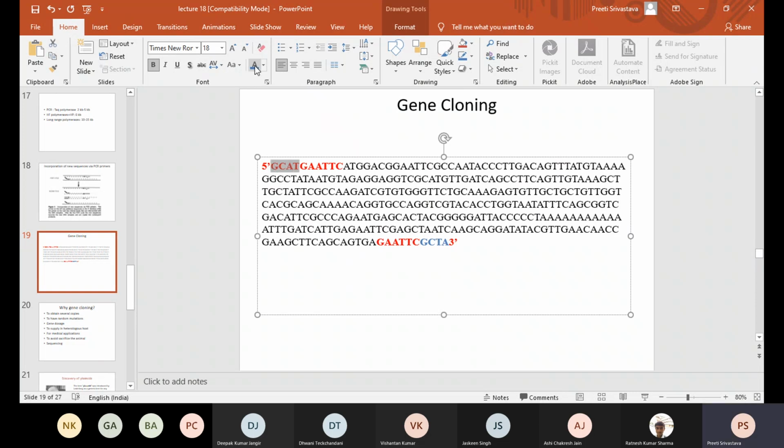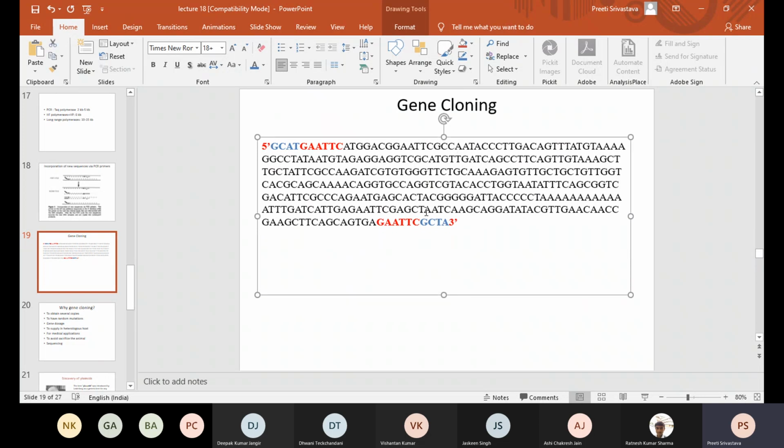The purpose of this random sequence is, class, that when we do this PCR amplification, the product will be a linear amplicon, correct? When we perform the restriction digestion using the enzyme EcoR1, if we do not add this sequence, if we stop only at GAATTC, then it has been experimentally demonstrated that the digestion will not be 100% efficient.